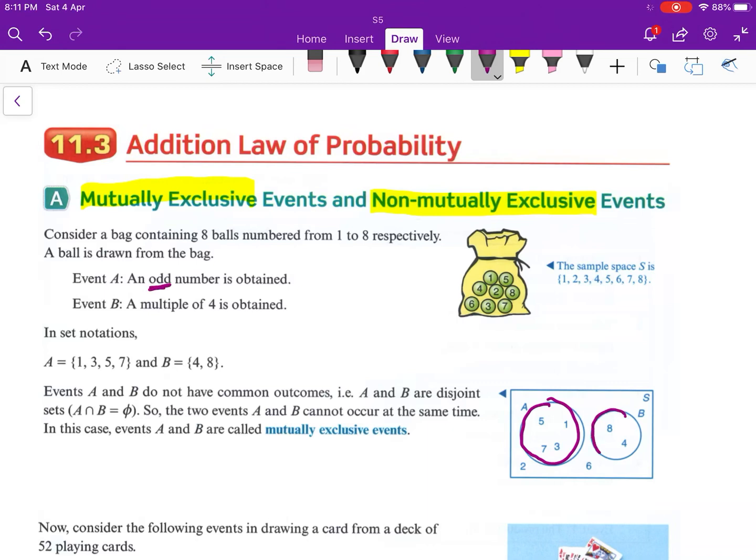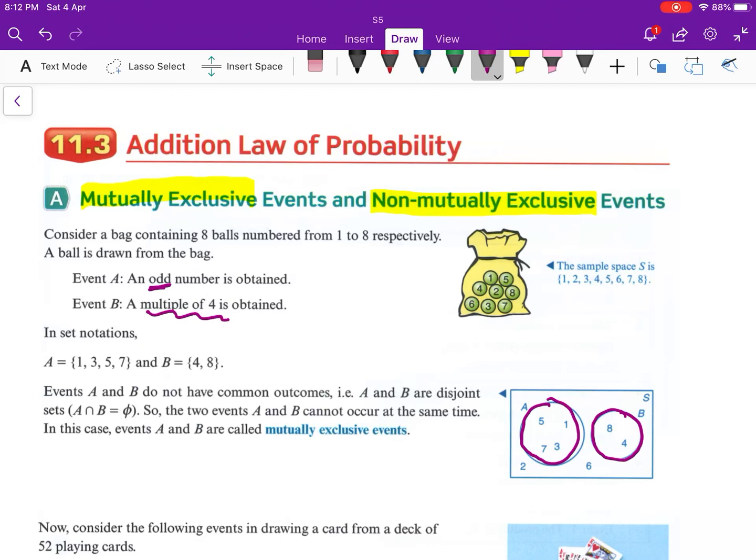Event B is about multiples of 4, and of course multiples of 4 are even numbers, not odd numbers. So you can see that A and B are totally separate. These two events have no relationship, so we call it mutually exclusive. Mutually exclusive means the two of them have no intersection.